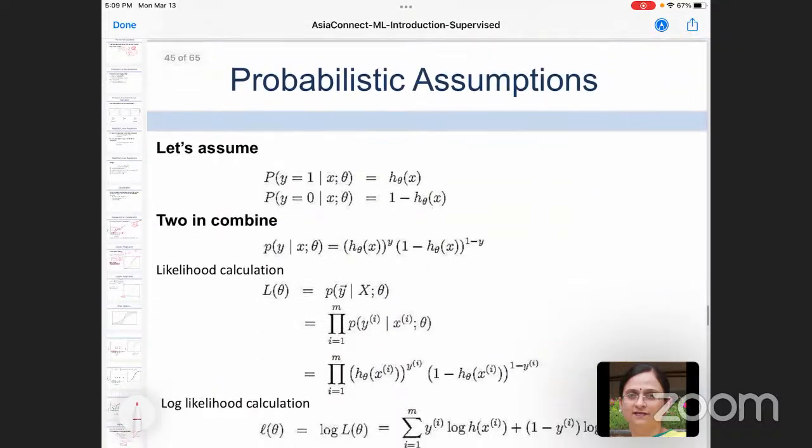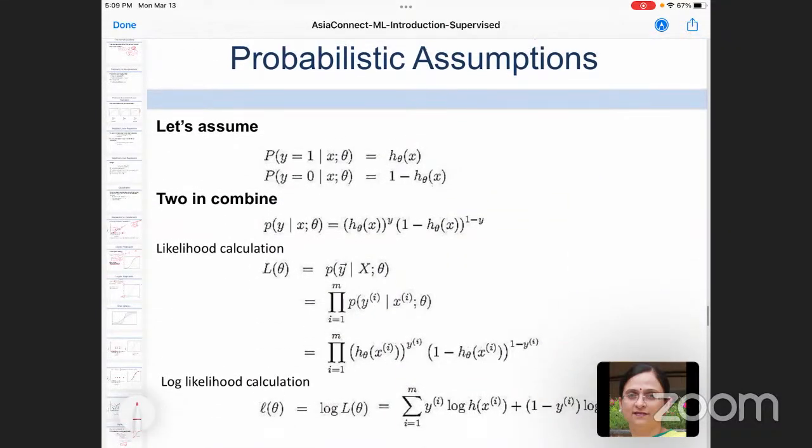Now, how can we formulate logistic regression? Basically, you have two classes: one is positive, one is negative, class 1 and class 0. I want to find a function. This is the positive class function, basically the probability of y equal to 1.